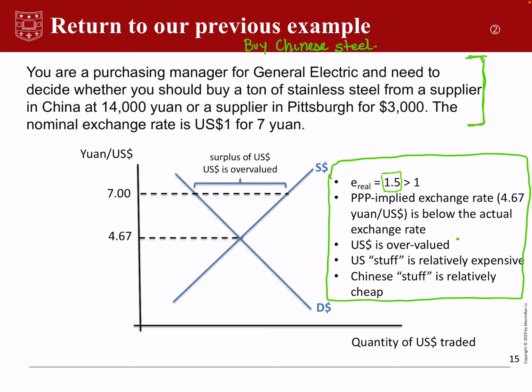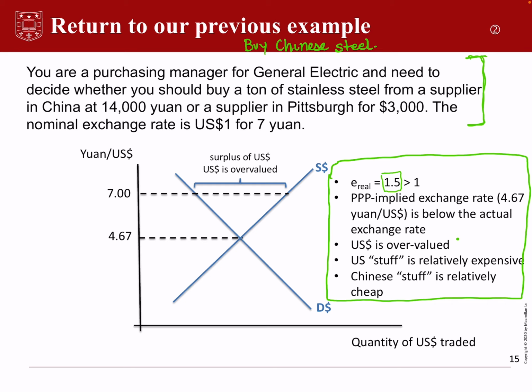But if you wanted to say something more about a country's overall competitiveness, and you don't want to look at the hundreds of thousands of goods and services that a country produces and calculate their individual real exchange rates, looking at the overall real exchange rate for an economy can give you some insight into that.